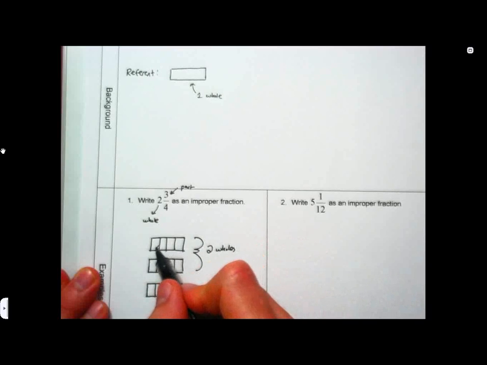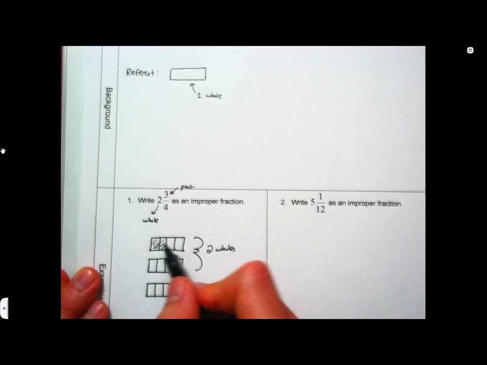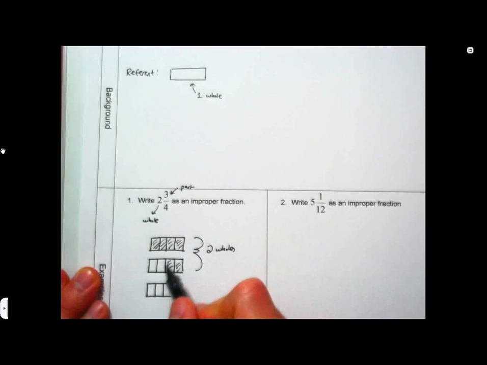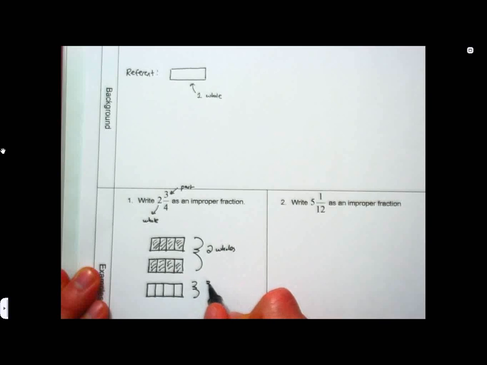So to represent the entire wholes, I have to shade all the pieces. And then this third one, I'm not supposed to shade the entire whole, I'm supposed to shade 3/4 of the whole. So I'm going to go ahead and do that.